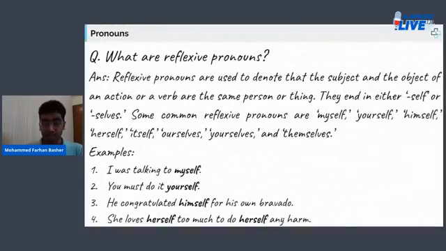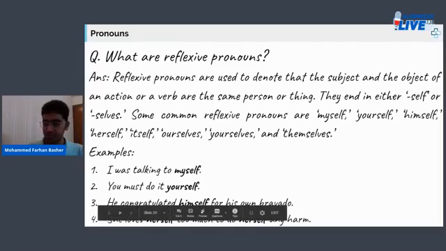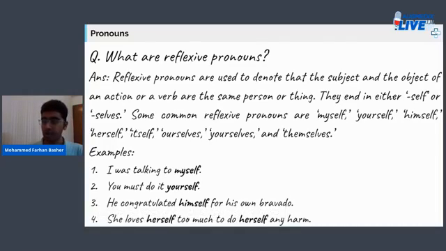Now we have reflexive pronouns. What are reflexive pronouns? Reflexive pronouns are used to denote that the subject and the object of an action or a verb are the same person or thing. They end in either self or selves. Some common reflexive pronouns are myself, yourself, himself, herself, itself, ourselves, yourselves, and themselves, right?